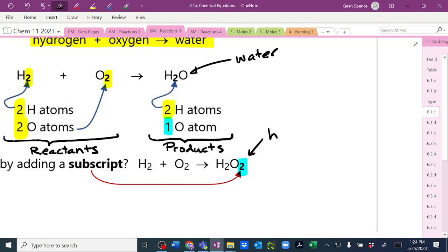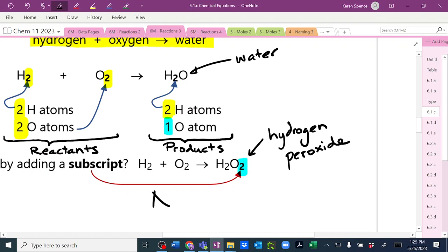Yes, the reason they use hydrogen peroxide on wounds is because, yes, it does kill bacteria, but it also kills your cells as well, which is why it's not the preferred method of dressing a wound, but you can. It's kind of fun, bubbles all over, but it's not the preferred method anymore. So we cannot change the actual compound. So no, we cannot do this.